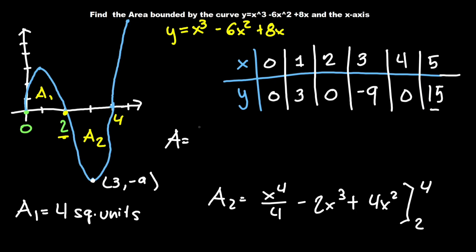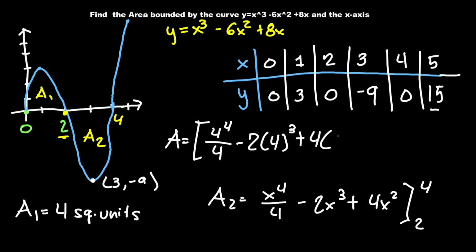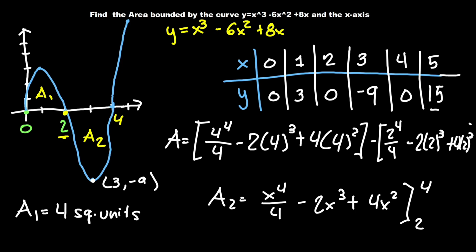And so substitute 4 first into the x equation. So this would be 4 to the power of 4 divided by 4 minus 2 multiplied by 4 cubed plus 4 multiplied by 4 squared. Subtract this by the value of 2, which is 2 to the power of 4 over 4 minus 2 multiplied by 2 cubed plus 4 multiplied by 2 squared.